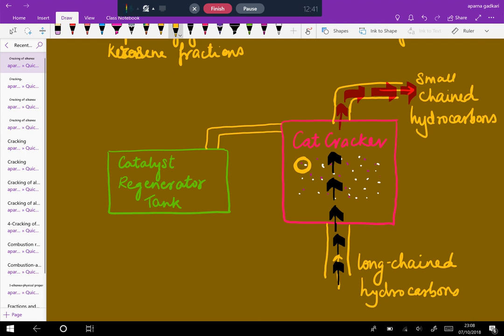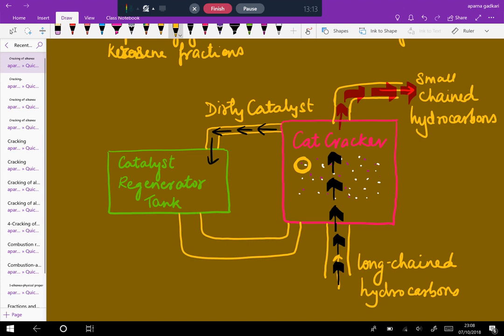The catalyst that is fed into the catalyst regenerator tank is said to be the dirty catalyst. So the dirty catalyst actually goes here. It gets into this catalyst regenerator tank, becomes free of the carbon deposits, and becomes clean like before. And when it becomes clean like before, it is again fed back into the cat cracker.